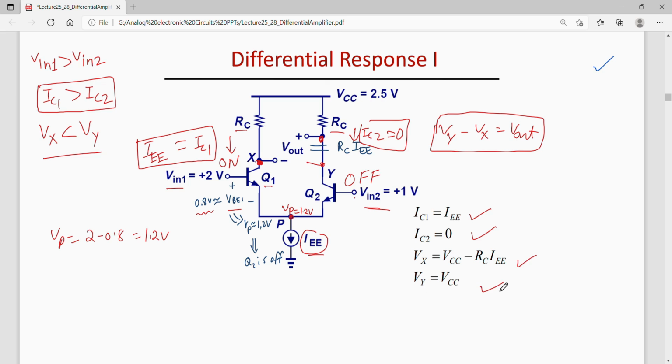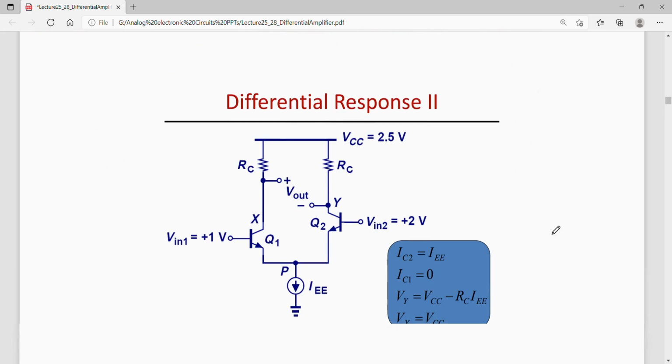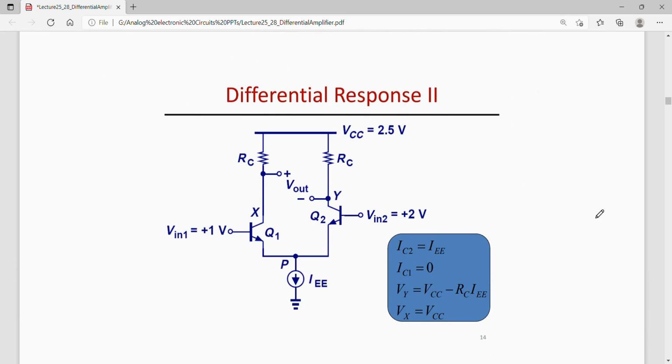Now let us take another case. This time the input of transistor 2 is larger than the input of transistor 1. So Vin2 is greater than Vin1 this time. This would mean that IC2 will be larger than IC1.